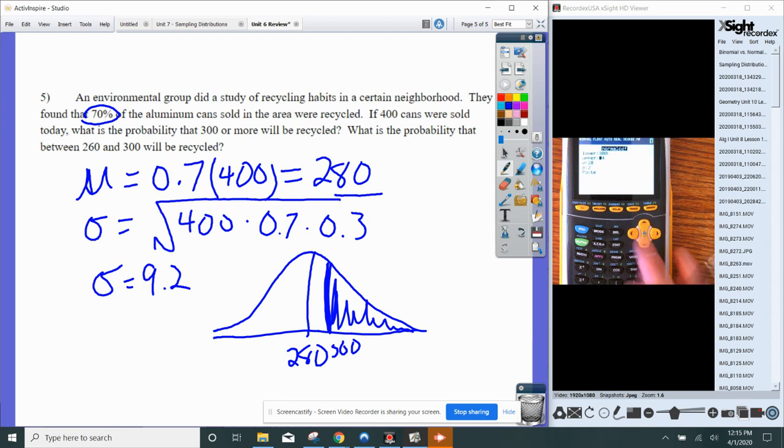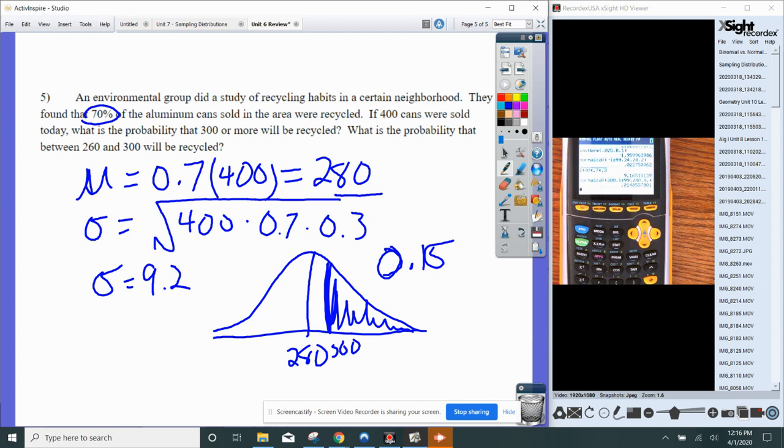The upper will be all the way as far to the right as we can go, 1E99. This time the mu is 280, and the standard deviation is 9.2. So the probability of it being 300 or more is about 1.5%, so 0.15.